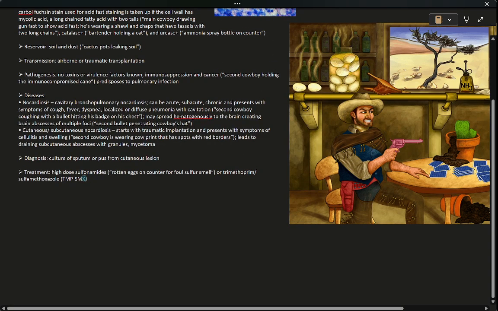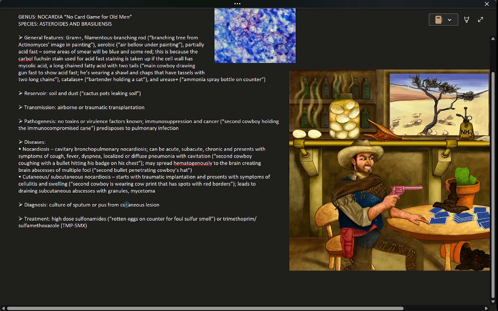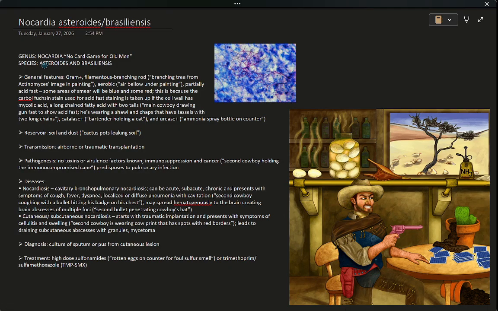To remember that sulfonamides should be used to treat this bacteria, just think about the rotten eggs on the counter. That is supposed to symbolize the foul sulfur smell. So yeah, these are the important principles associated with Nocardia. And remember that the species of the Nocardia genus includes asteroides.